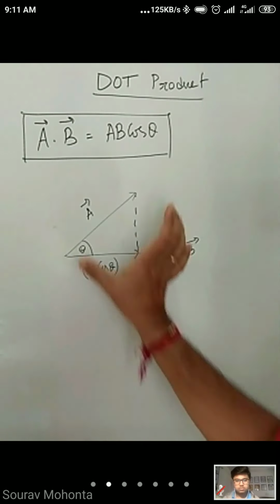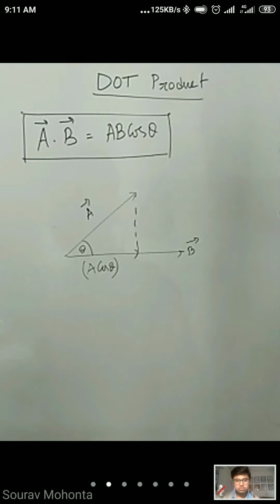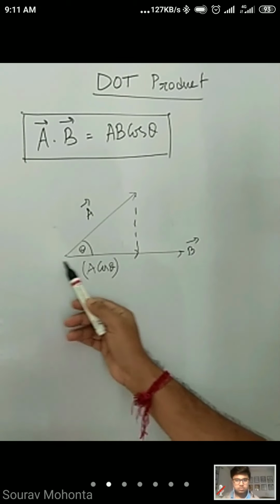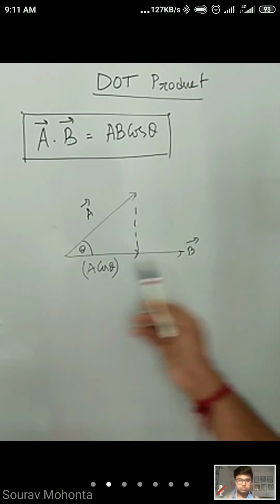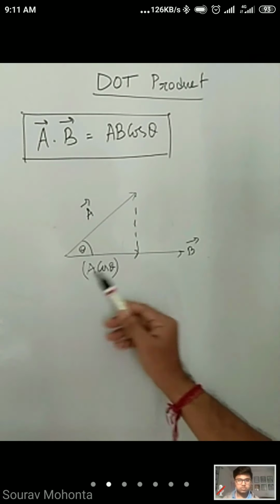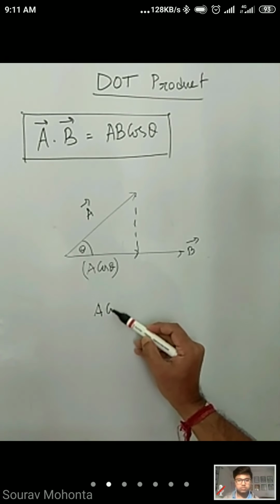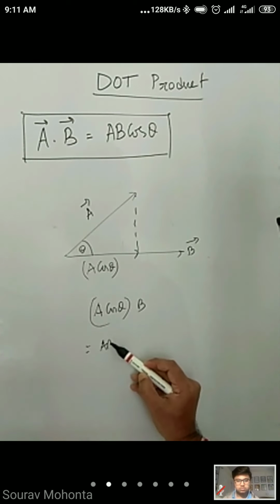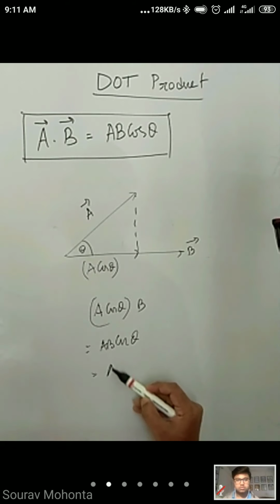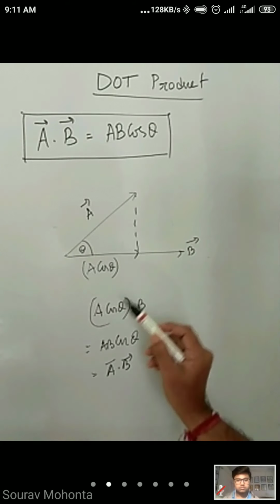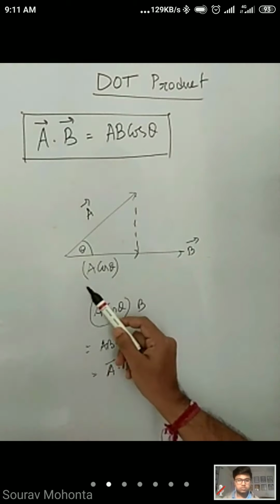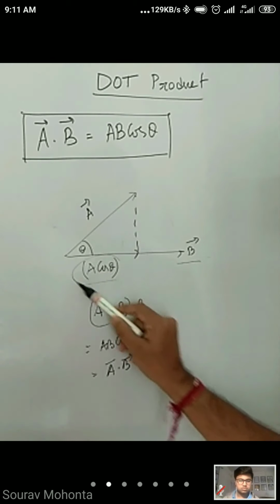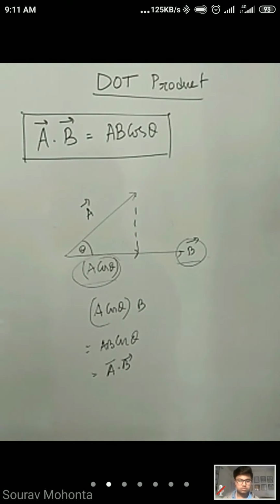So A cos theta and B are both in the same direction, the x-axis. Now if you multiply them, A cos theta into B can be written as AB cos theta, and that is basically A dot B. So A dot B is the product of two quantities in the same direction, and that is why the direction is irrelevant.